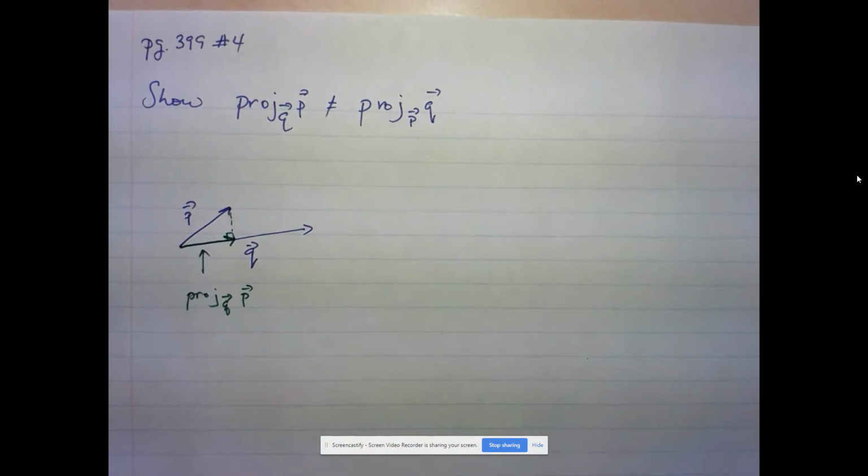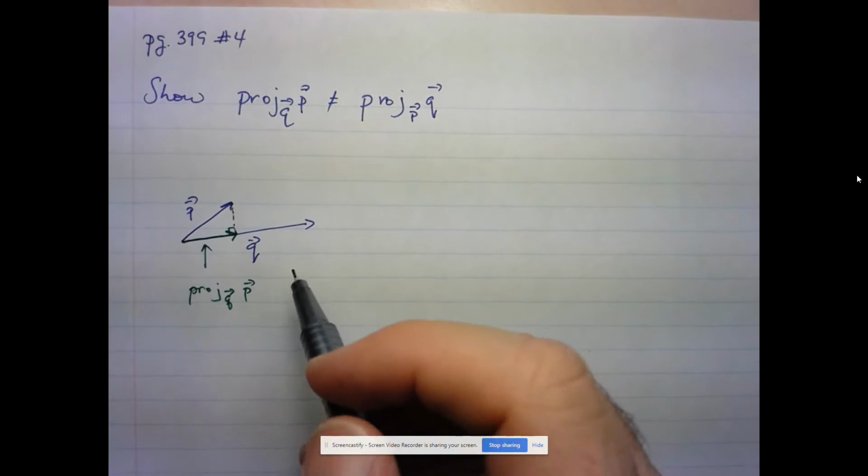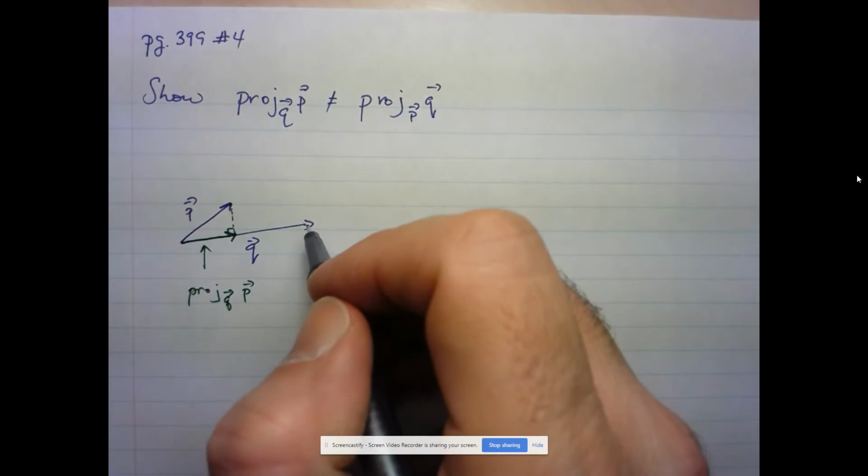And we'll look at it algebraically in a second, but we'll start by comparing it to the other one. It looks like I ran out of red pens here, so we'll try using black. Okay, so if I want to do the projection of q onto p, well, I'm going that way.